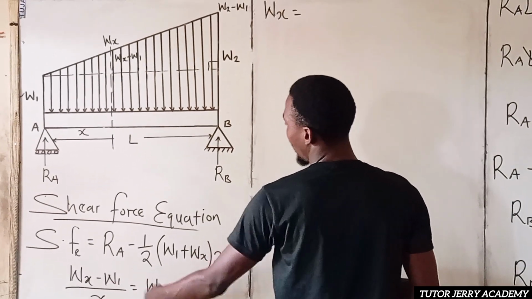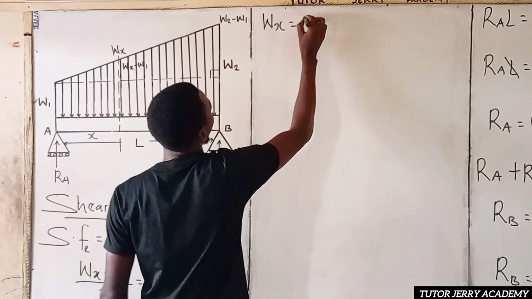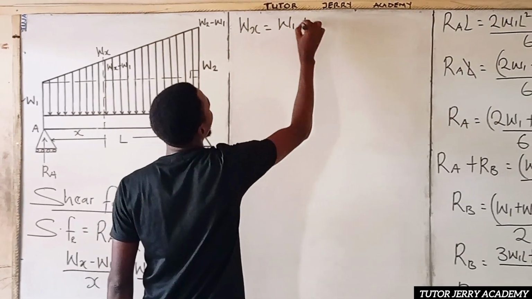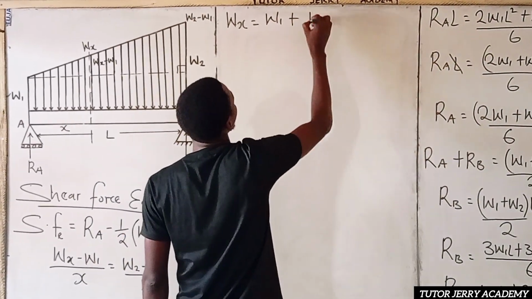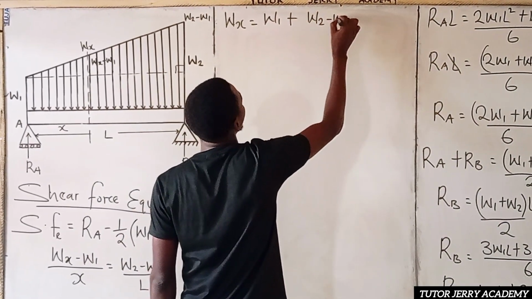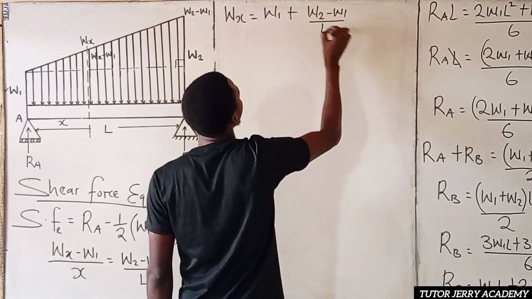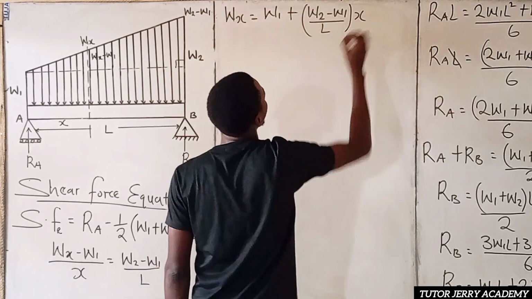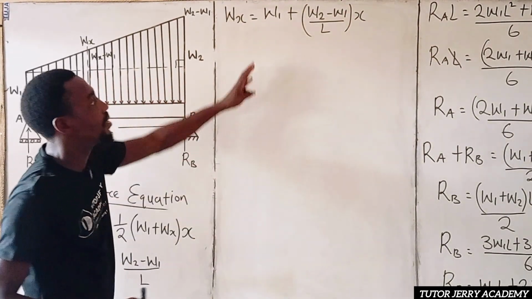If you bring W1 here, you are going to have it as positive. So you are going to have W1 plus W2 minus W1 all over L, multiplied by S. So this is what our WS is.